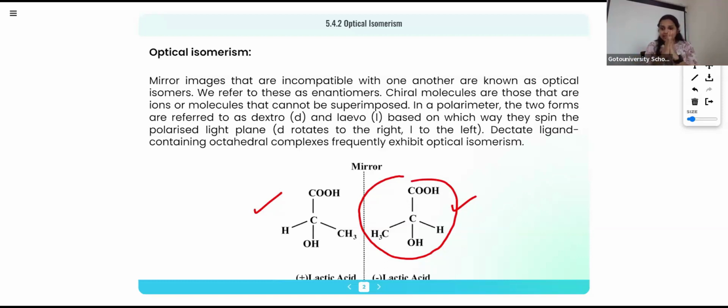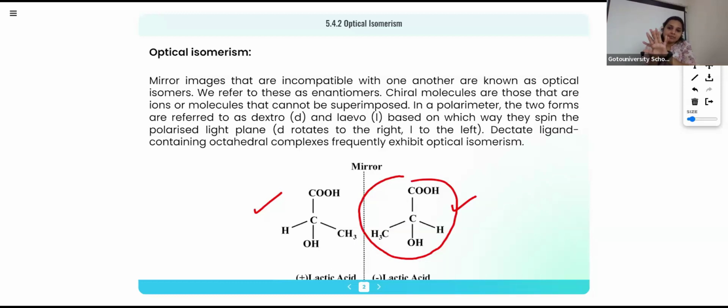I'm not placing it like this, I'm taking the image and placing it over the other one. So it is not superimposing. Superimposing means this finger will be here, but here it is opposite.